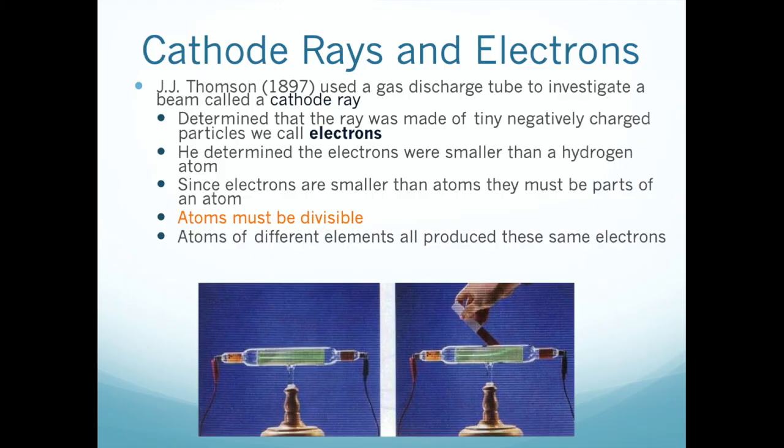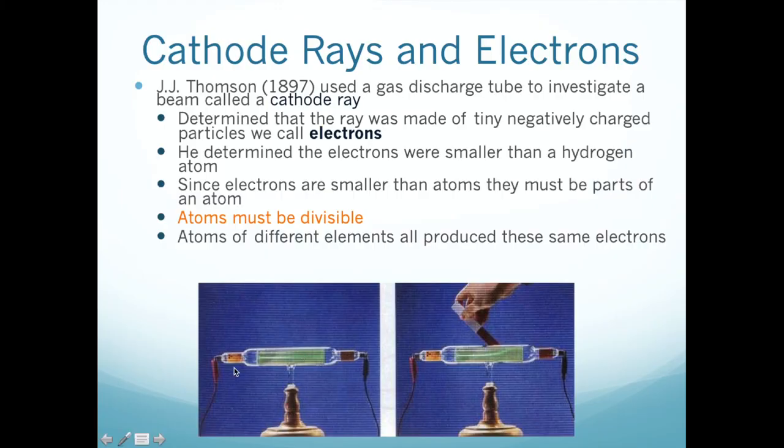So he called these tiny negatively charged particles electrons. That was the name he gave that. And this was the first of the subatomic particles that was discovered. So in other words, when we pass electricity through the few atoms of gas that are present in this cathode ray tube, okay, basically you are flaking off electrons from those atoms, and they're getting attracted to the anode.